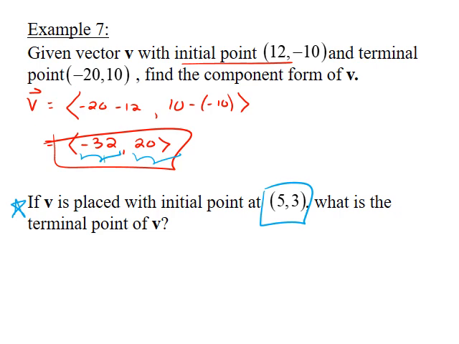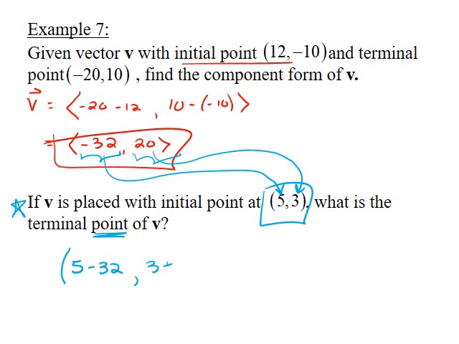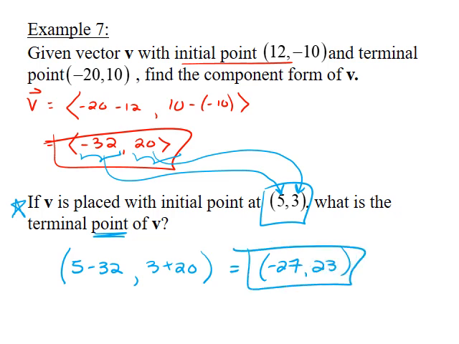So what I need to do is subtract 32 from x and add 20 to 3. So now we want a point, so this is not a vector, so we'll take 5 minus 32, and we'll take 3 plus 20, to get a negative 27, 23. That's it.